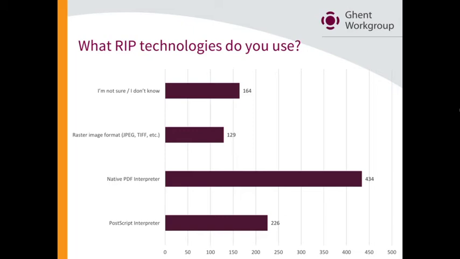But the native PDF interpreters are definitely increasing, and that is nice because the latest specifications of the Ghent Workgroup are indeed built on PDF/X-4, and native PDF interpreter technology in a RIP is important to treat those files well.